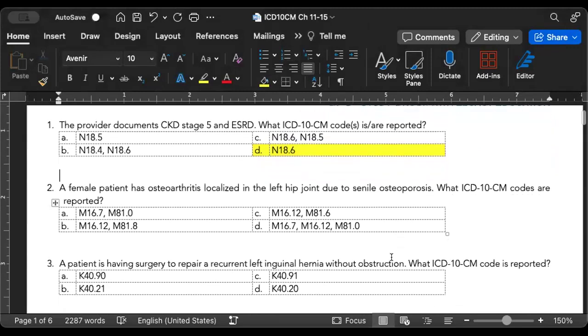Okay, let's move on to number 2. Here we have a female patient that has osteoarthritis that is localized in the left hip joint due to senile osteoporosis. So if we are coding in our alphabetic index, our main term would be osteoarthritis.